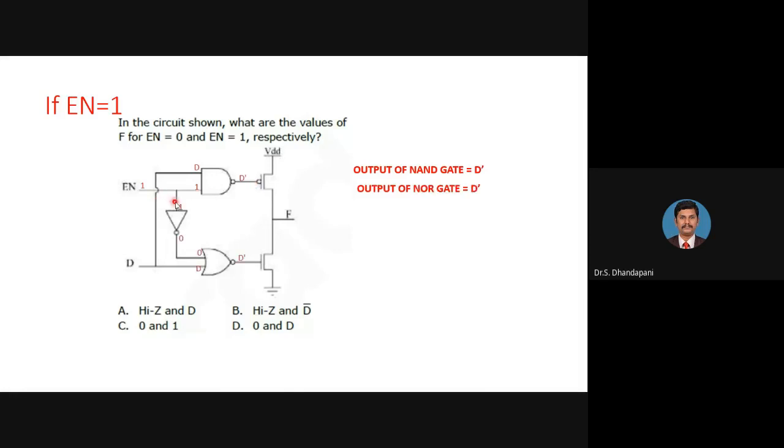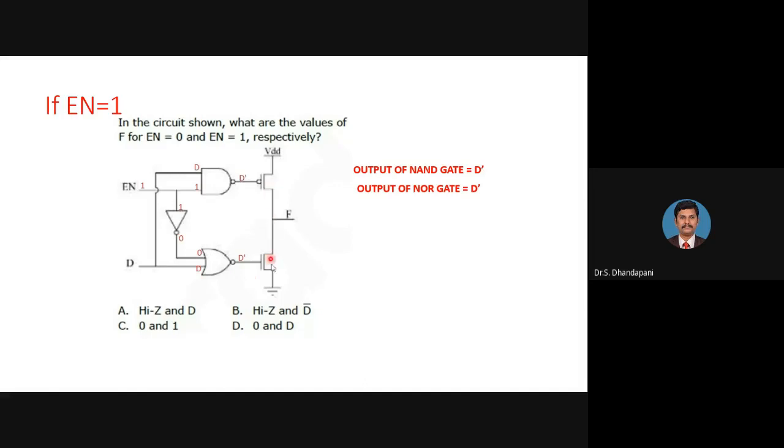At the same time, when enable equal to 1, the output of the inverter is 0. For the NOR gate, one input is 0, another input is D. If it is an OR gate, 0 plus D is D. For the NOR gate, it will become D dash. Now, when enable equal to 1, the output of the NAND gate is D dash, and the output of the NOR gate is also D dash.